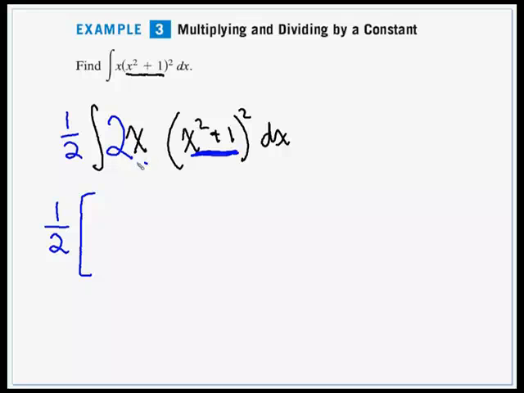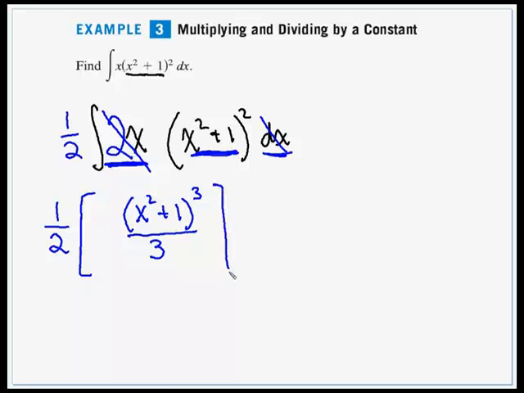The 2x dx will be consumed in the process. So we take our quantity to the second power, and of course when we antiderive, we raise the power by 1, so we're going to raise that up to a 3, and we're going to divide by the new power, 3. And we have to add our arbitrary constant.